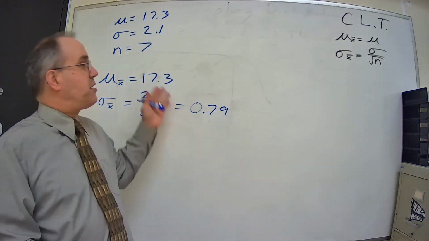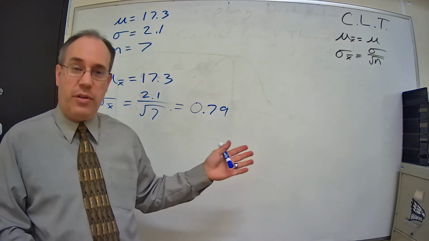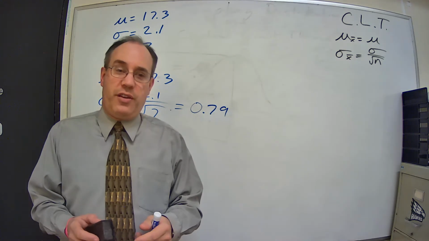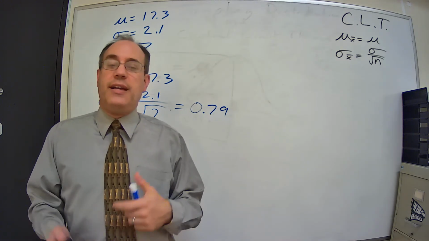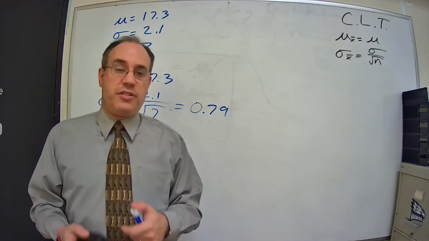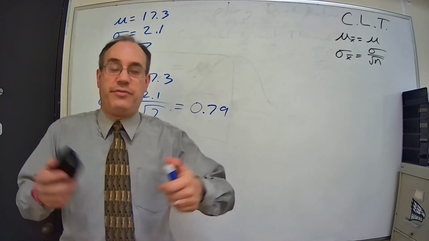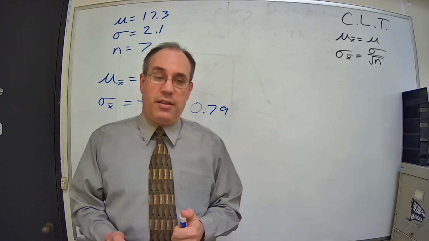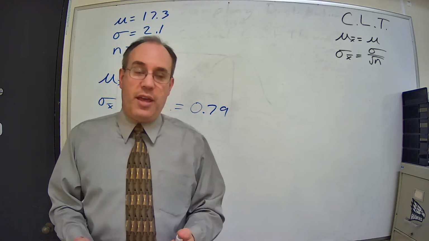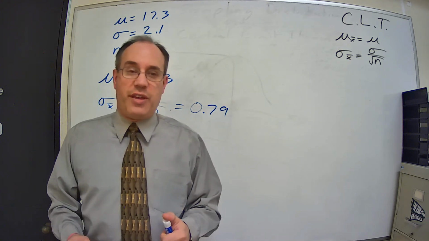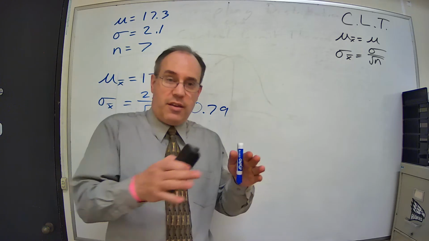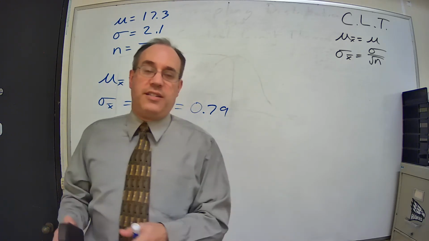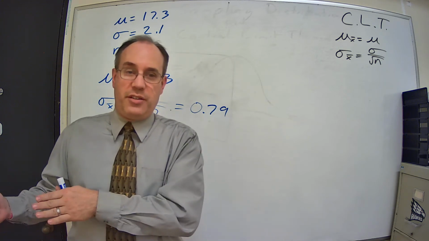Well, what this allows us to do is look at samples and determine the likelihood that a certain sample will occur a certain way, which allows us to start saying, okay, if we get this for our sample, what does it tell us about our population?